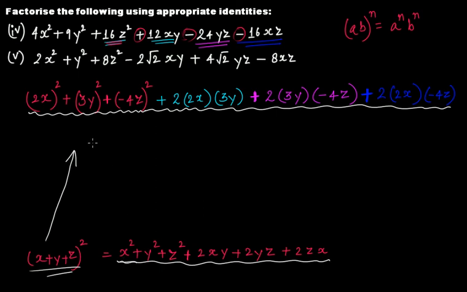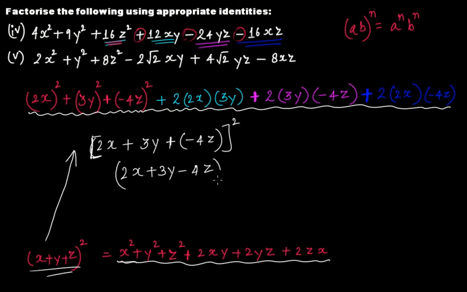That's why now you have 2x plus 3y plus minus 4z whole squared. Right, now we can write it as 2x plus 3y minus 4z whole squared.